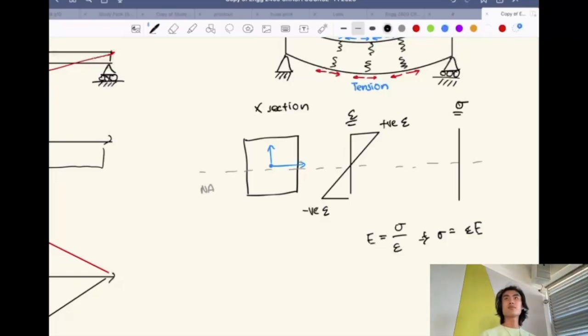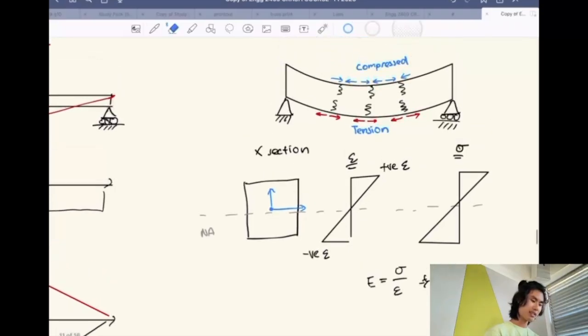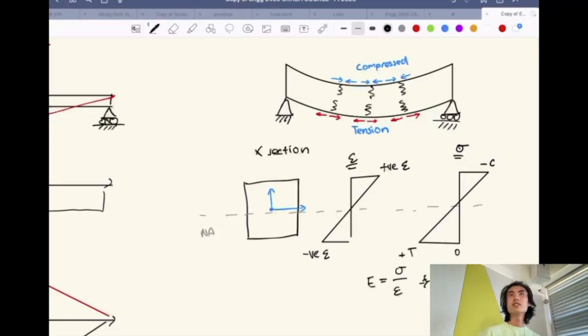Just times by a constant. Yeah, so it's going to look the exact same, just a little bit bigger or a little bit smaller, depending on what the elastic modulus is. Typically, if you're drawing it this way and the top is compressed, then this will be in compression, this will be in tension, and this is your point of 0. So it's positive, this is negative, right?